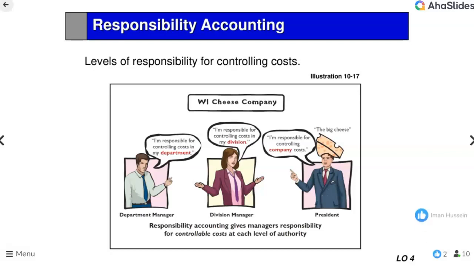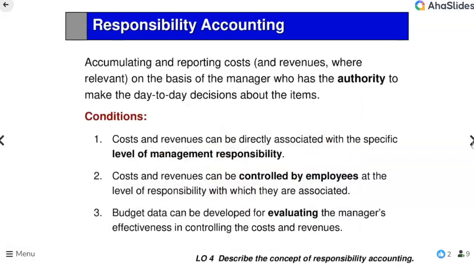And therefore, when you enter business, you're going to be at the departmental level. You'll be managing a department, and then you'll be promoted to managing a division, and then you get up into the senior management. But at all levels, you're responsible for different levels of activity. And therefore, that responsibility means you have authority over those costs. You can control those costs to some degree because you have authority in making the day-to-day decisions.